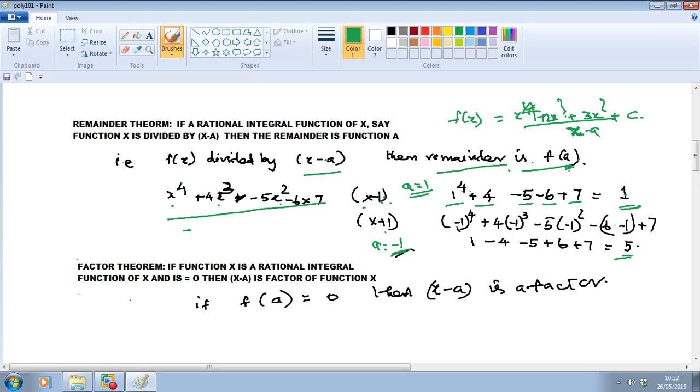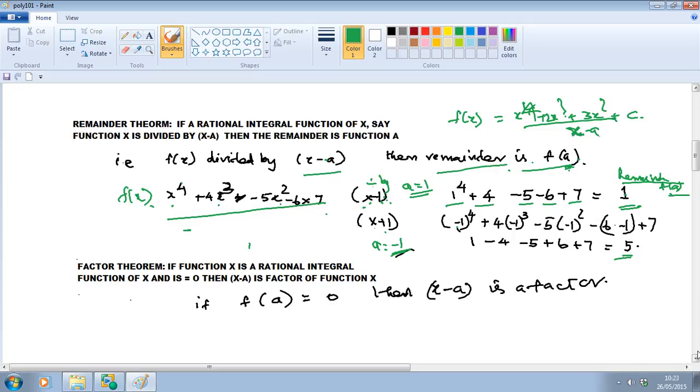So what do you mean by that? If fx is divided by x minus 1, the remainder is f of a. That is the meaning of it.